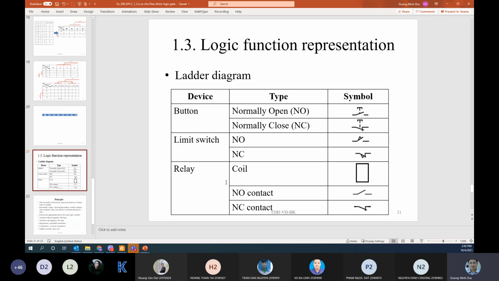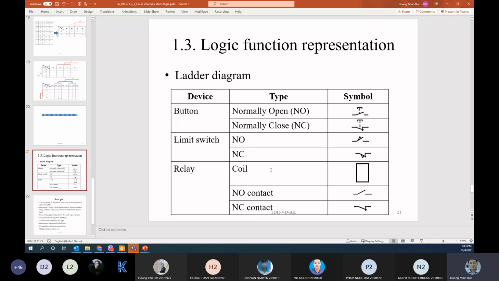Okay, so I hope all of you already understand the principle of the relay. The relay includes a coil and some contacts. The contacts are of two types, normally open contacts and normally closed contacts.